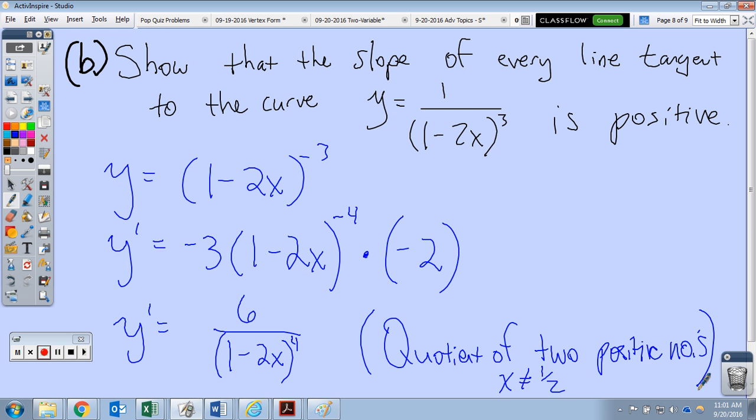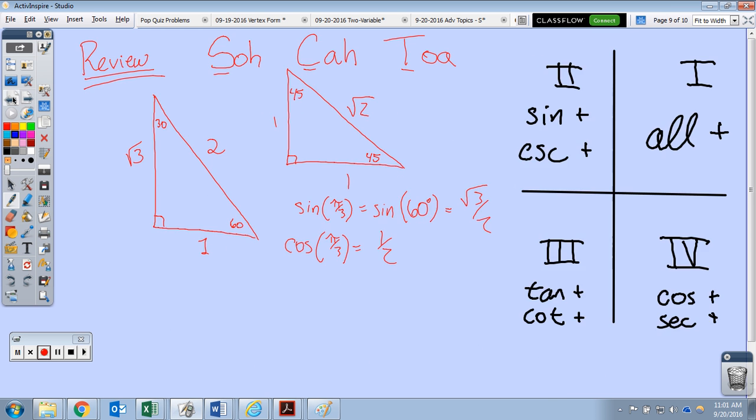Does that make sense? Does it make sense that there's no way I can get a negative value for y prime? Okay.